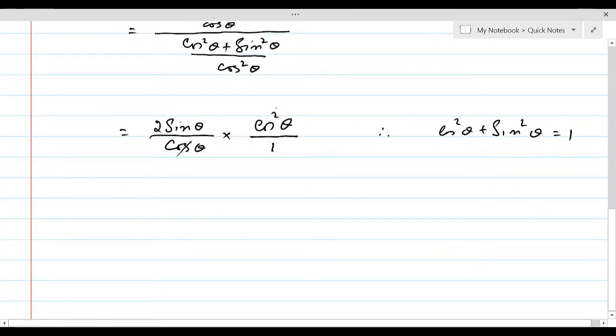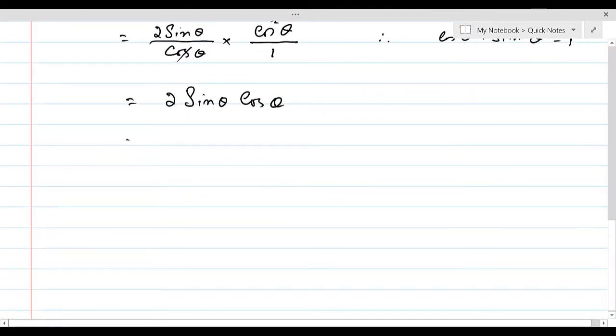So now we can cancel out this cos with the square, leaving behind 2 sine theta into cos theta, which is equal to sine 2 theta, and that's what we are required to prove. That is what was required.